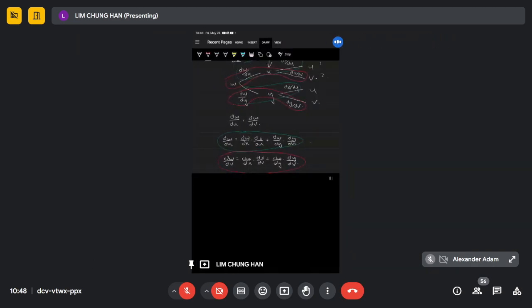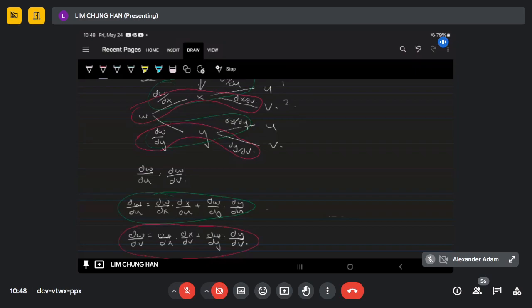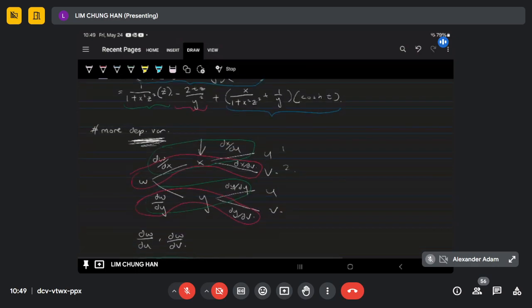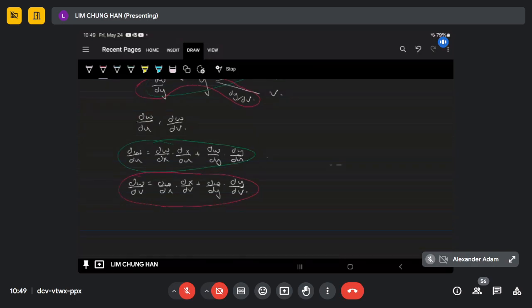I don't want to make it too complicated for you. Actually, I can go even further. There are a lot more possible iterations that you need to consider, but I'm not going to go that far. I don't want to confuse you. So let's go as far as here. This is when I increase the number of dependent variables, the number of solutions will increase.